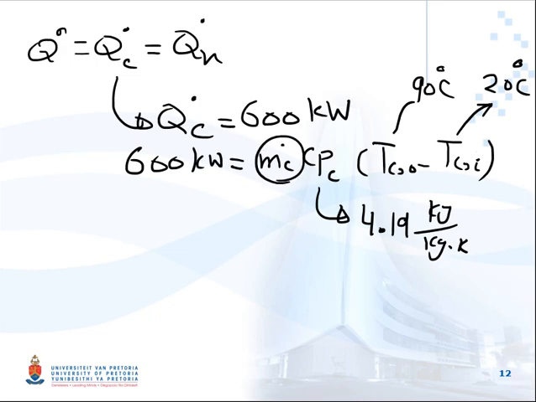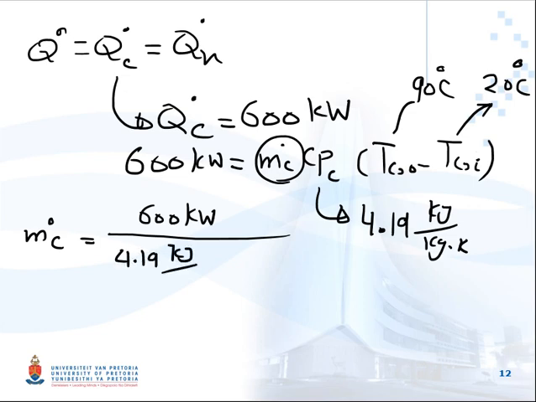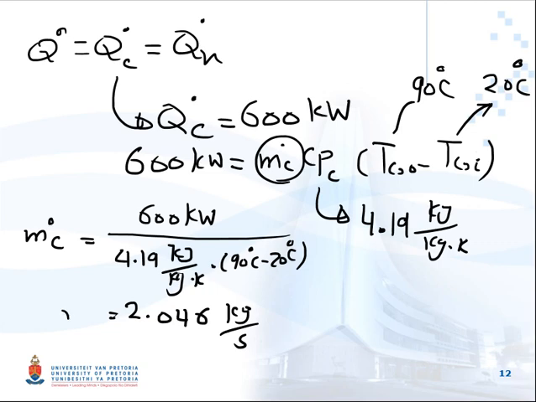So we can find the mass flow rate of water. Doing all those substitutions, 4.19 kilojoule per kilogram Kelvin, times (90 minus 20), we can calculate it to be 2.046 kilogram per second, m dot C, the mass flow rate of the cold fluid, here the mass flow rate of water.